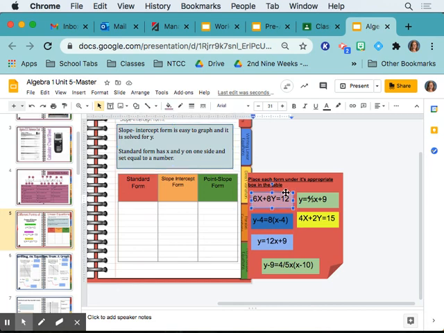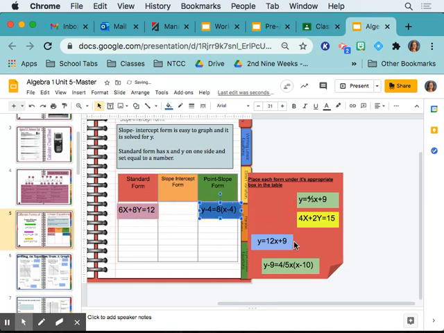Six x plus 8y, what is that? Good. Y minus 4 equals 8 parentheses x plus 4. So, y equals 12x plus 9. Y equals 4/5 x plus 9.